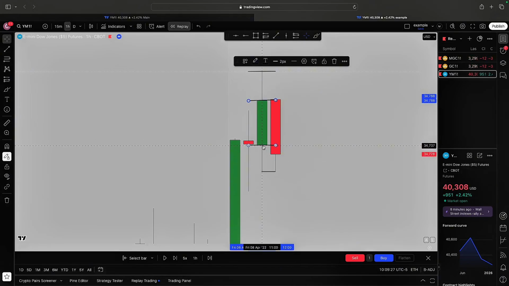So it opened here, got pushed down here by the bears, to this low, pushed back up to this high up here, but got pushed back down and ended up closing here.